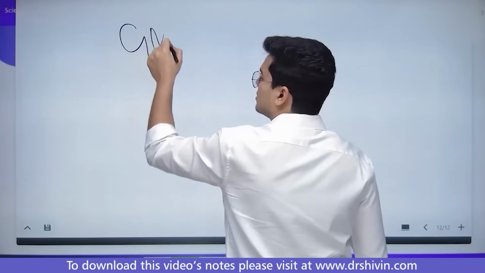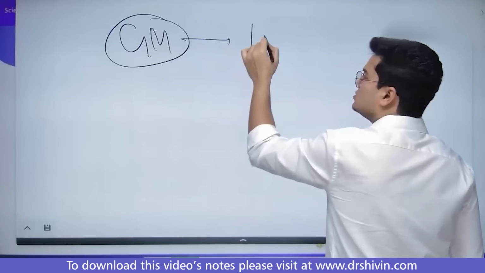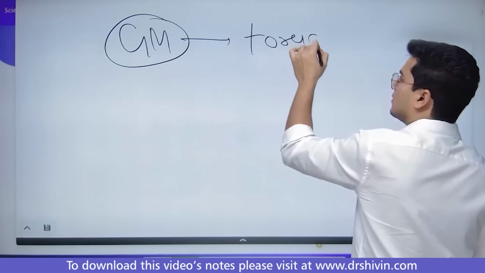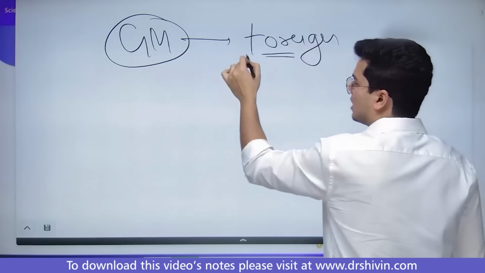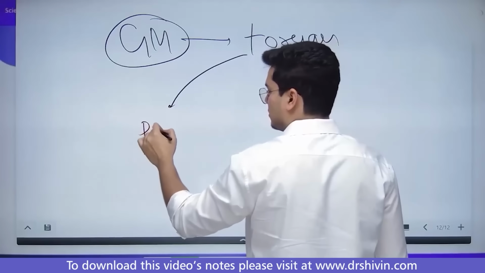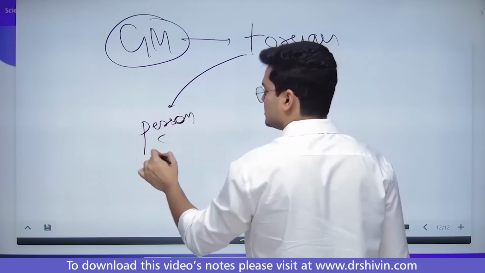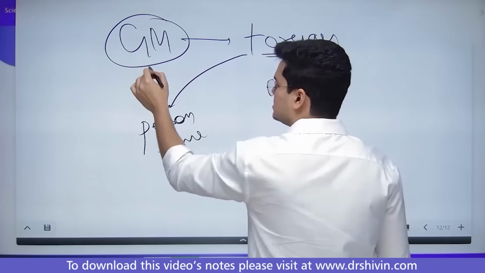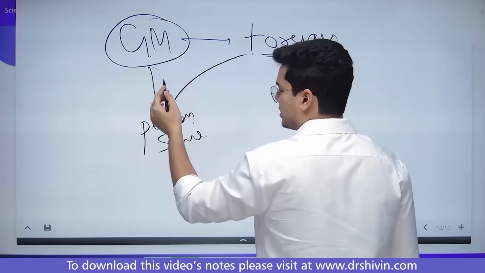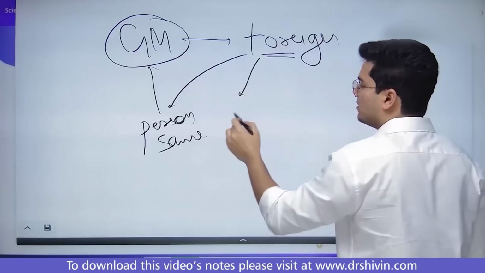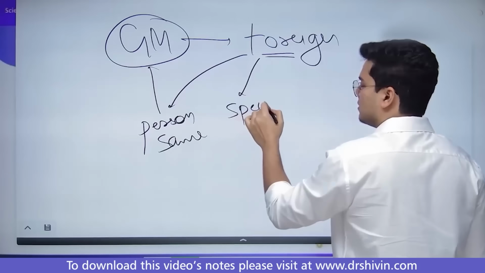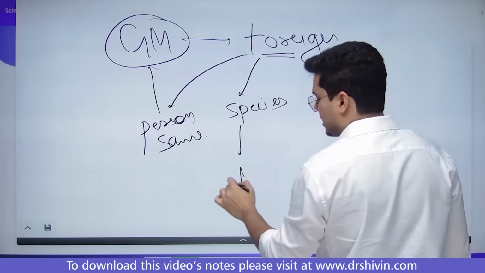If this foreign gene comes from a different individual of the same species, it can be called GM, genetic modification. If it comes from a different species, it can be called transgenesis.